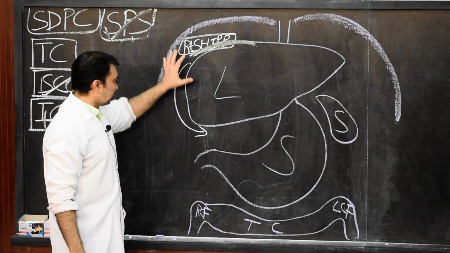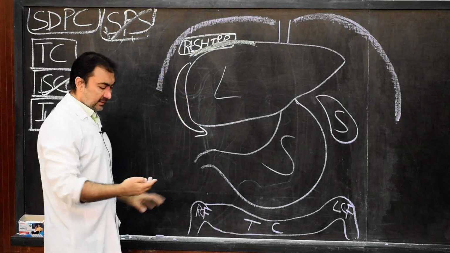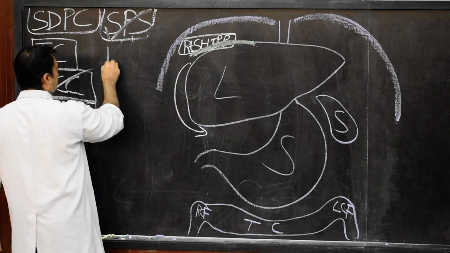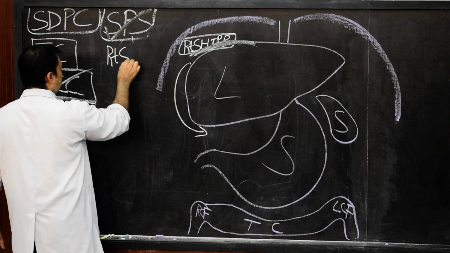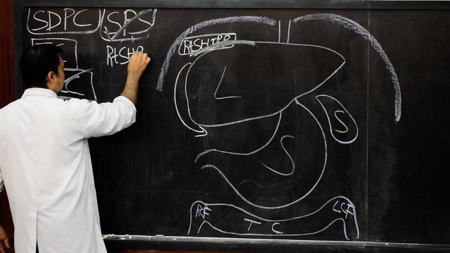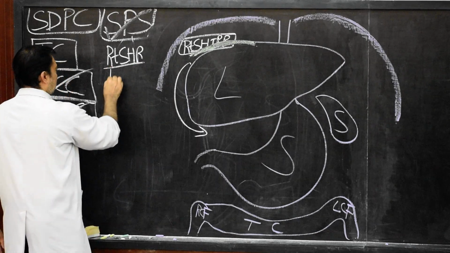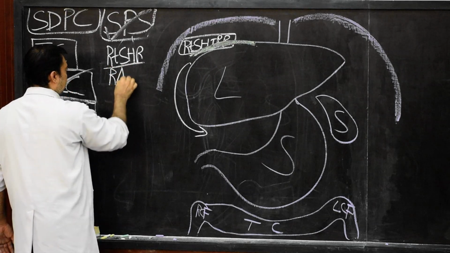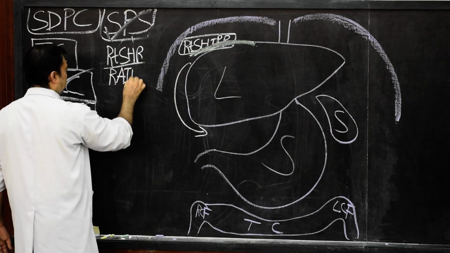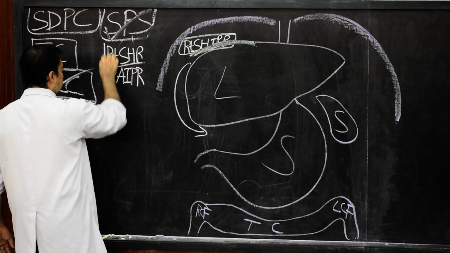So we have finished the first recess, and the name of the first recess I will write down: the right suprahepatic recess. It will also be known as the right anterior intraperitoneal recess.